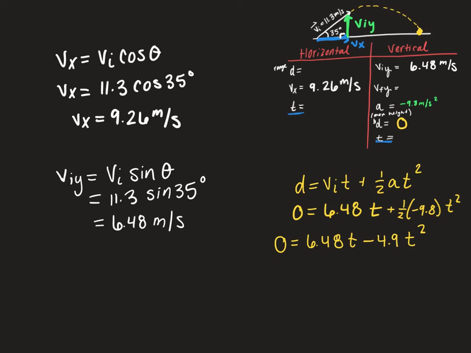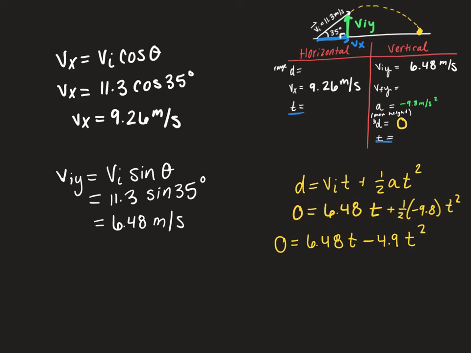What kind of equation is that? Algebra. Quadratic. Yes, it's a quadratic equation. But it makes sense, right? Because this is a parabola. So we're going to get two solutions.